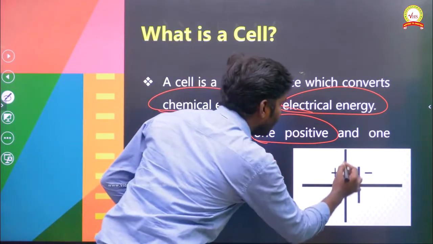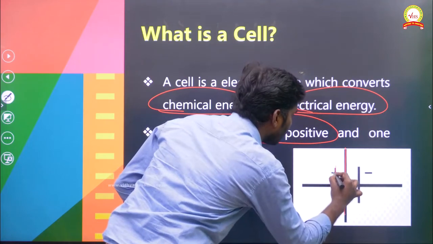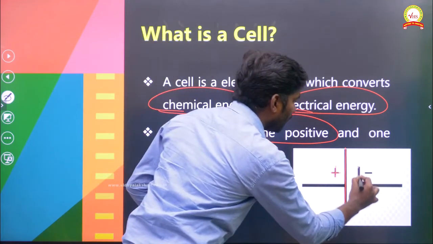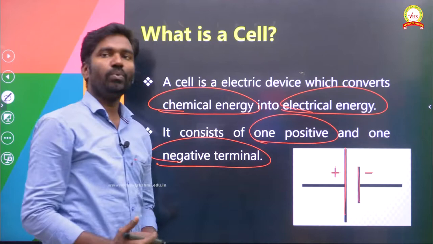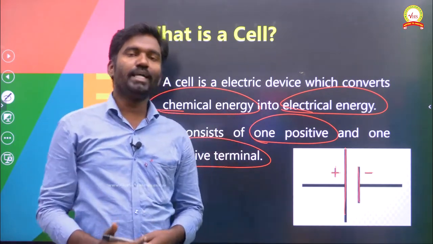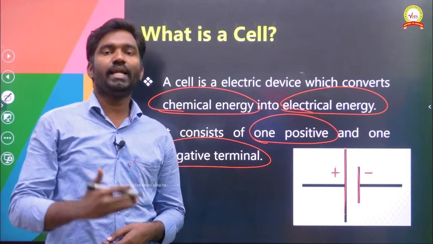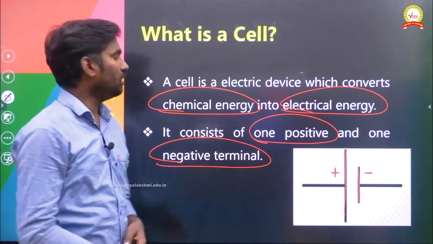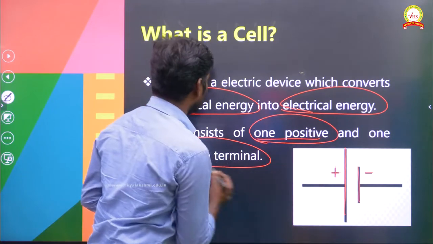Here the larger vertical line represents the positive terminal and the smaller vertical line represents the negative terminal. Clear? So what is meant by cell? Cell is an electrical device which converts the chemical energy into electrical energy, and it consists of one positive terminal and one negative terminal.